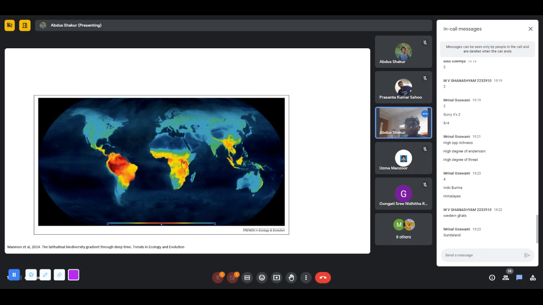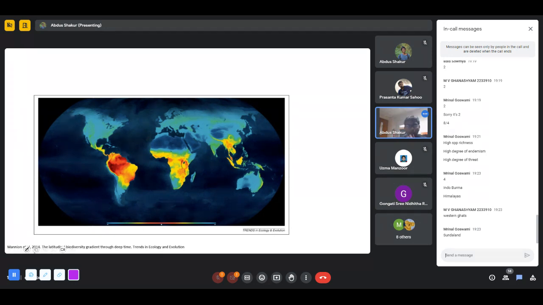So the ones that are shaded in red or yellow are the regions that have higher species richness. Here, vertebrates. Some of these areas coincide with biodiversity hotspots. So, what pattern are you seeing here?